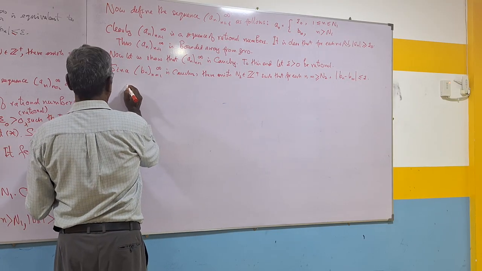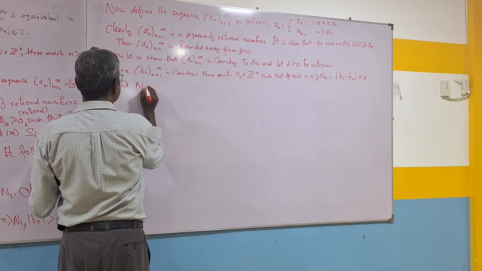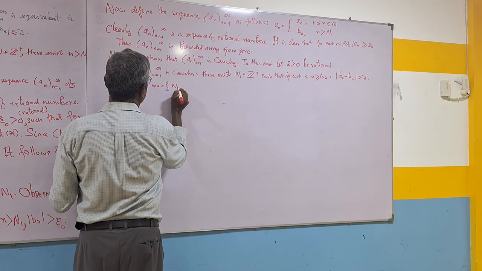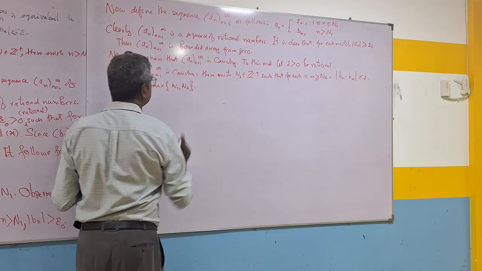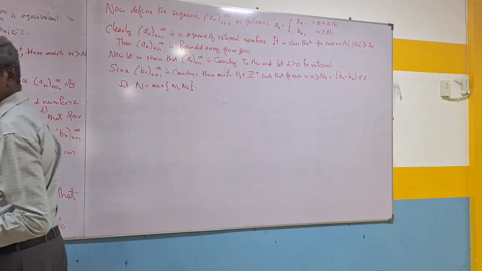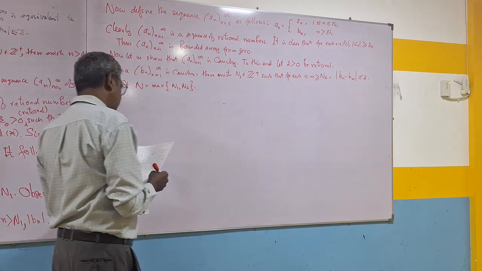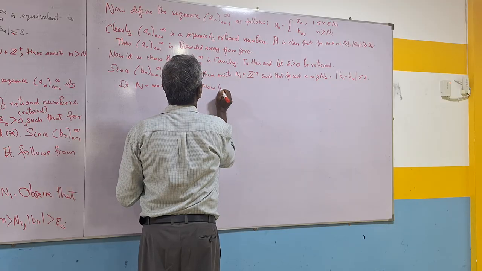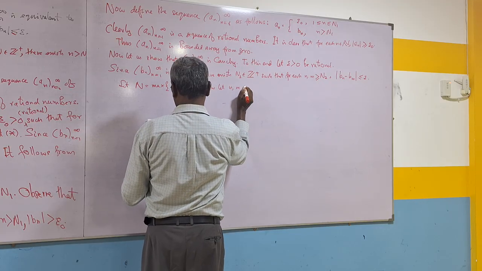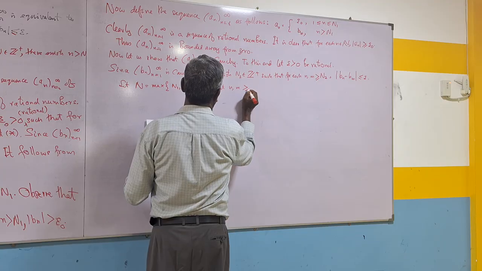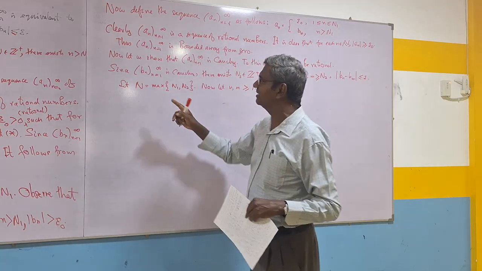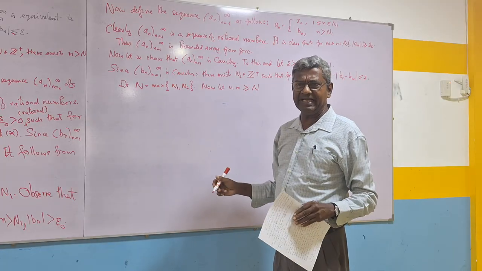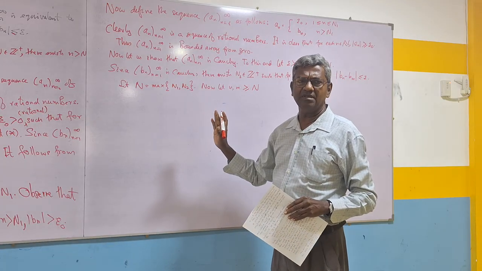Let capital N be equal to the maximum of N1 and N2. I have N1 here, and N2 because this is Cauchy. Now let n, m be greater than or equal to N. Because what I am going to prove is that after capital N, if you take any n, m, the distance between An and Am is at most epsilon.